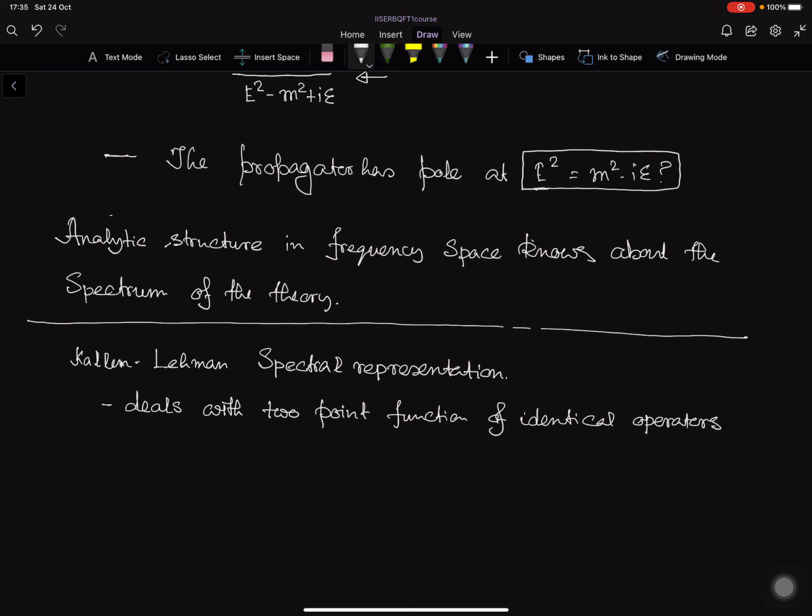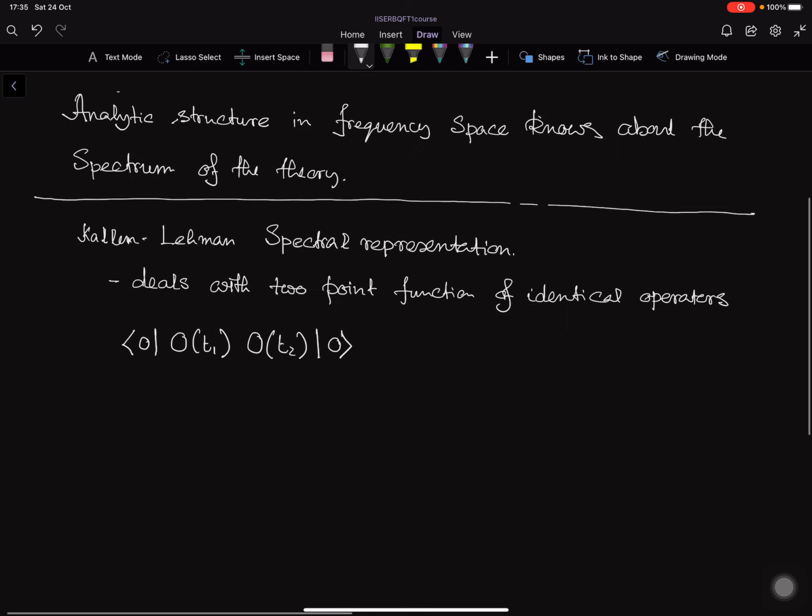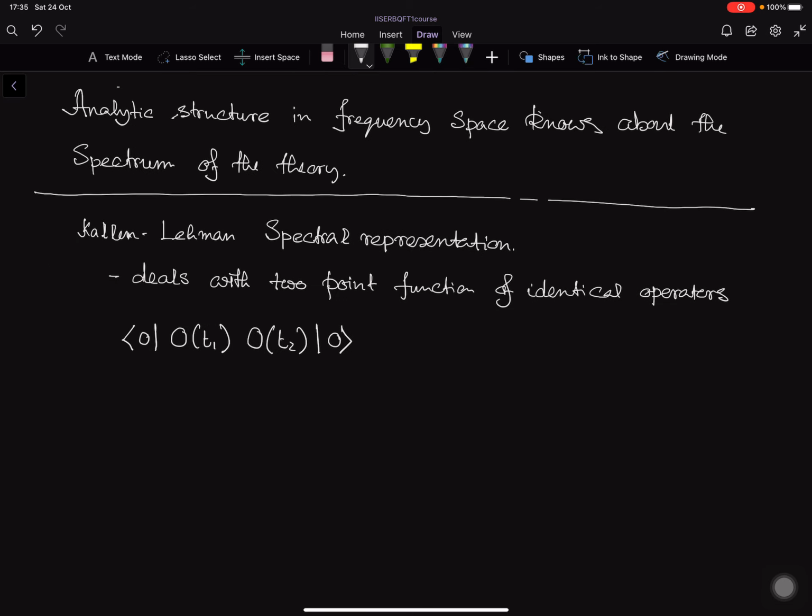For the sake of generality, let's do this for two arbitrary operators, O(t1) and O(t2), in the vacuum state 0. The first thing we do is insert a complete set of states here.